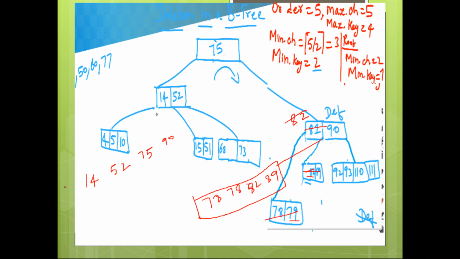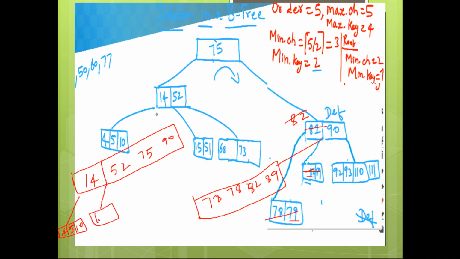This will become the new root, because 75 has come down. To the left of 14 you have 4, 5 and 10. To the right of 14 you will have 15 and 51 as usual.